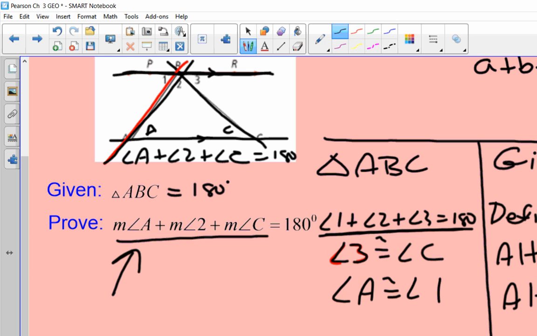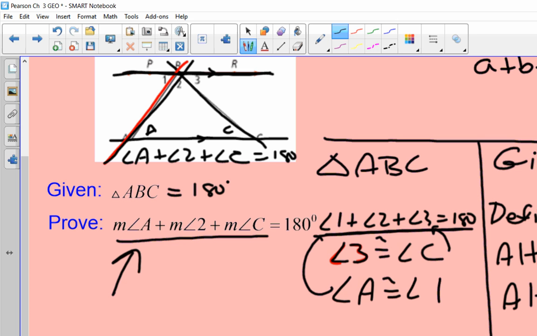Well, in that particular picture, angle 3 is equal to angle C, so can I substitute C in for 3 up there? And can I substitute A for 1 right here?